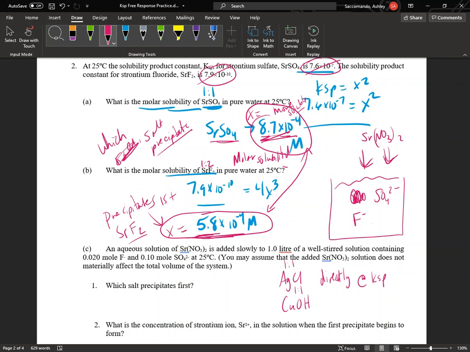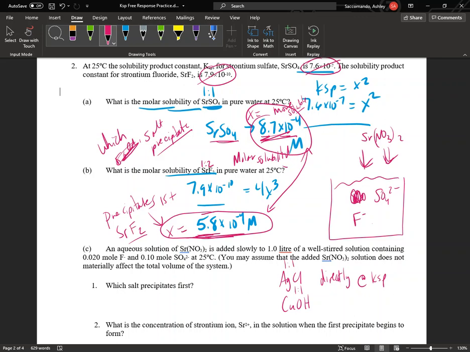So these are the three types of KSP problems that you're guaranteed to see tomorrow. You're going to get one of the three. Yes, the one that has a smaller KSP, if the ratios are the same, is the one that will precipitate first.